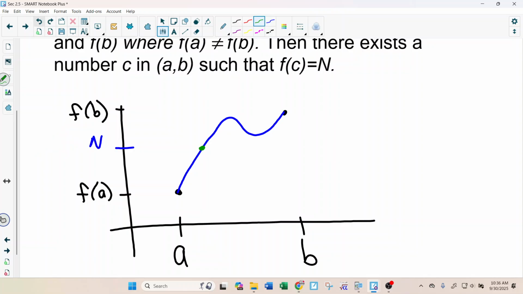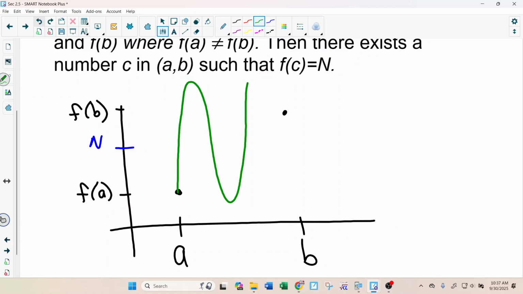Now, we don't know what this looks like. This could go something crazy like that. So there may actually be lots of c's. Does it tell us how many c's there are?